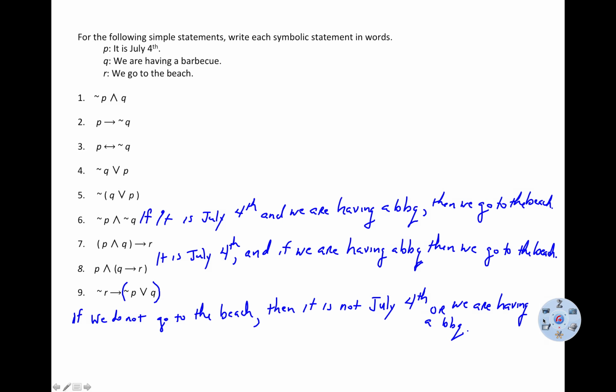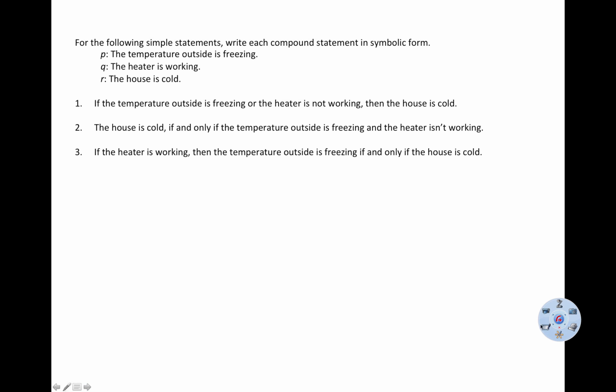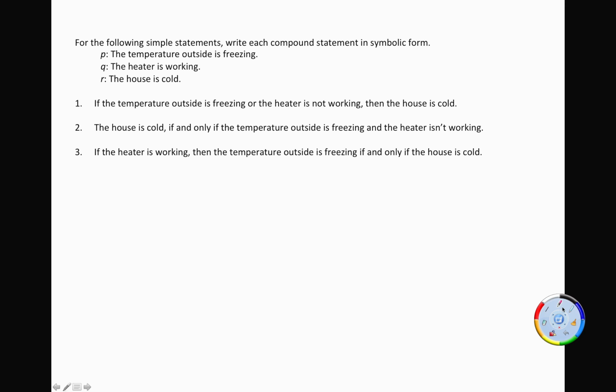All right, let's see what else we have. For the following simple statements, write each compound statement in symbolic form. Okay, so P is the temperature outside is freezing, Q is the heater is working, R the house is cold. If the temperature outside is freezing or the heater is not working, then the house is cold.